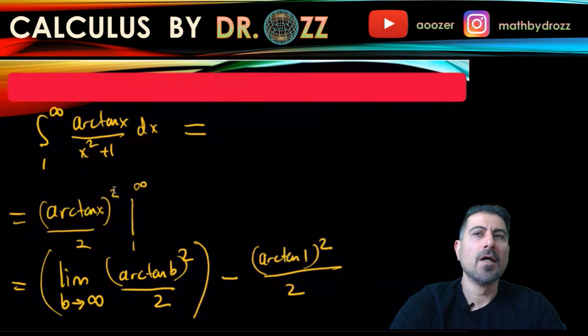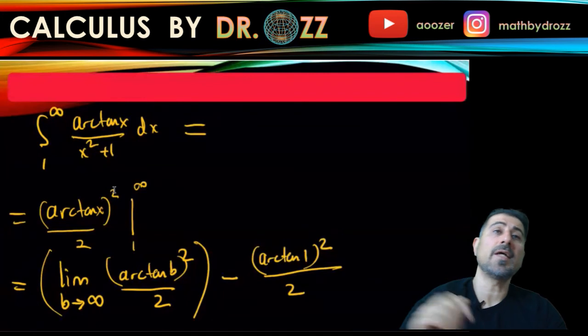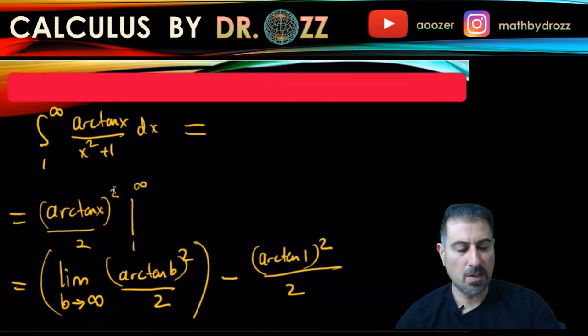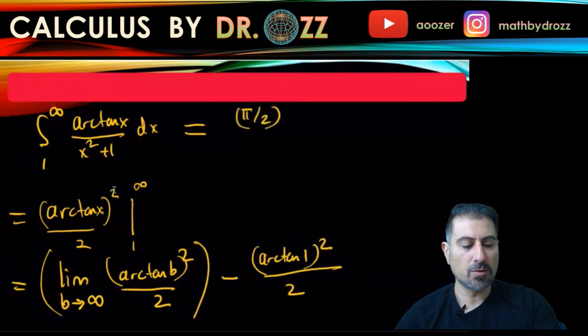Okay, so you can use your calculator, but the calculator may not provide you anything because you can't really plug in infinity over there. But you can look at the behavior of tangent. So whose tangent could be infinity in its principal domain? That should be pi over 2 because tan pi over 2 is like 1 over 0 type behavior. So this would be pi over 2 squared over 2.